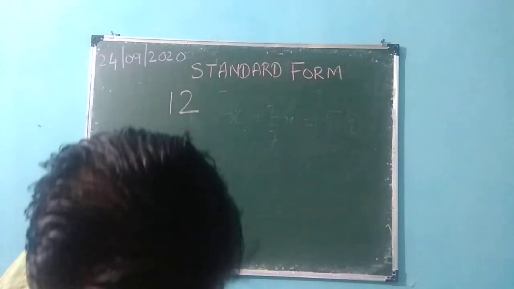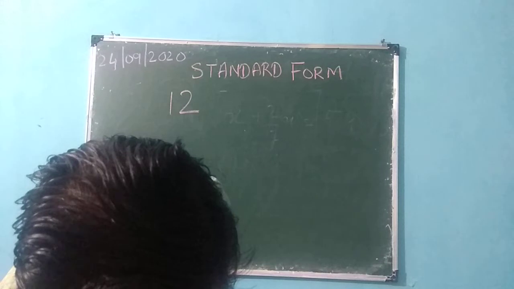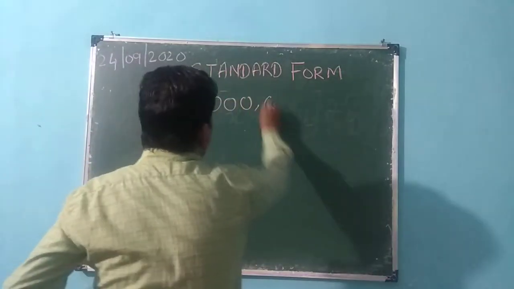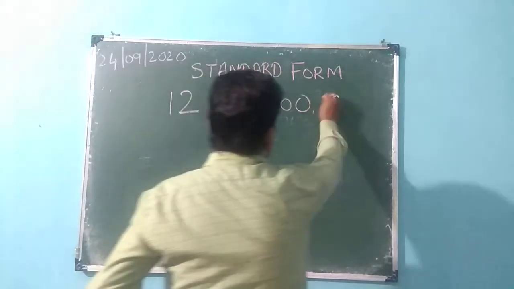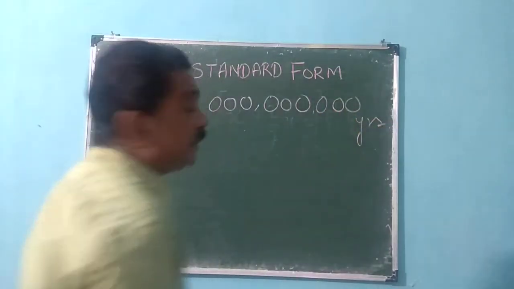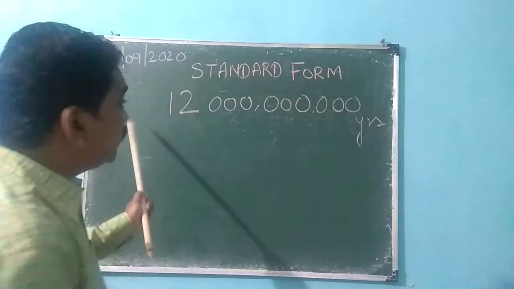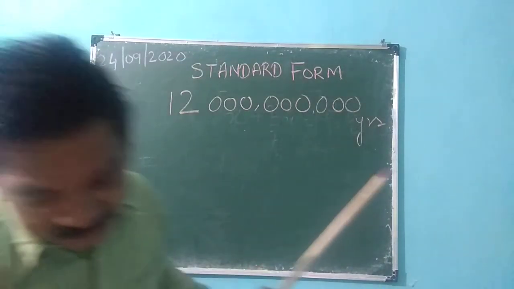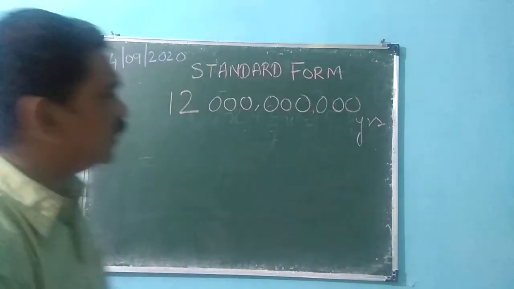How many zeros are there here? 1, 2, there are 9 zeros. Now you have to express this answer in standard form.